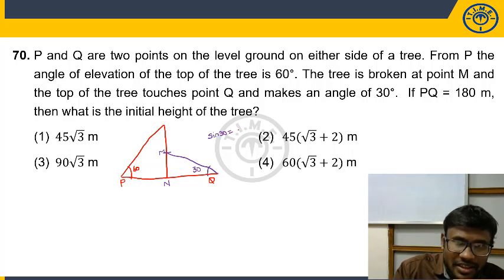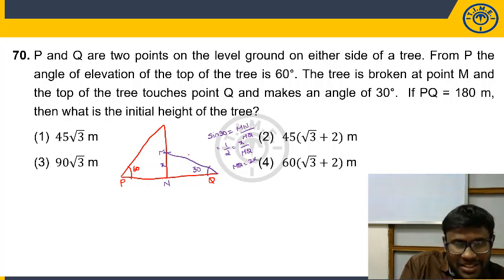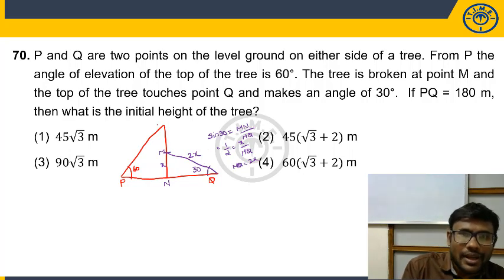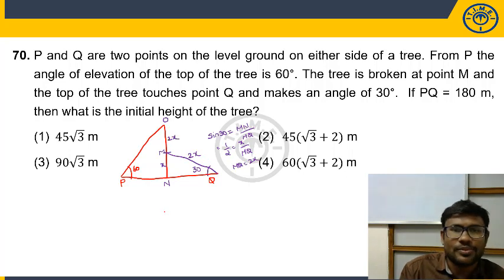Sine 30 is MN by MQ. So sin 30 is 1 by 2. If you take MN as x by MQ, from this you get MQ as 2x, no? And ON is the original height of the tree. So this part only broke and came here, yes or no? So if this is 2x, this also has to be 2x, no? Yes or no?